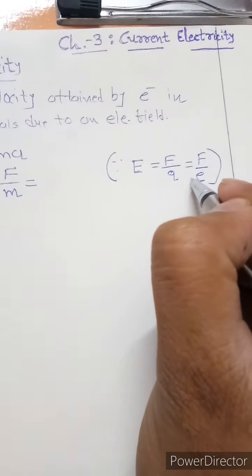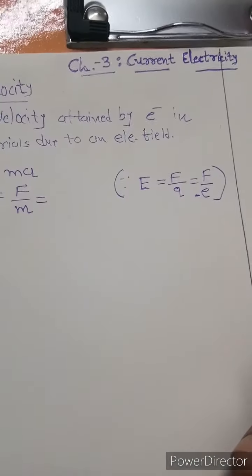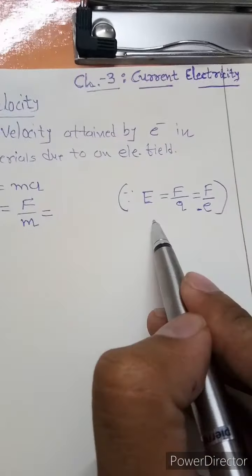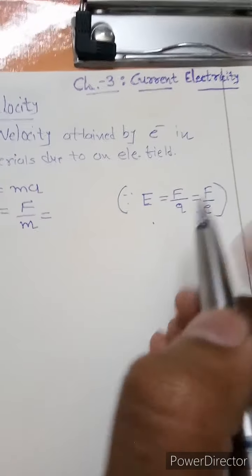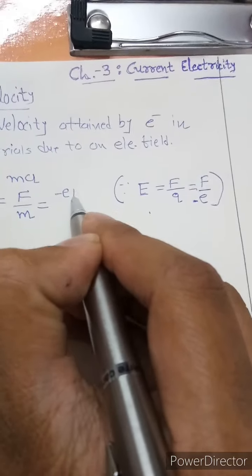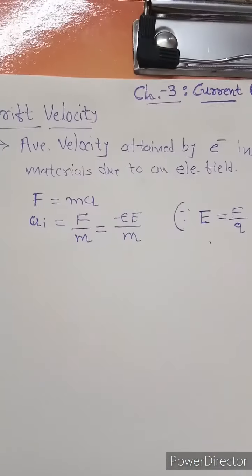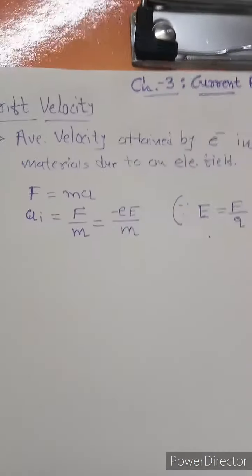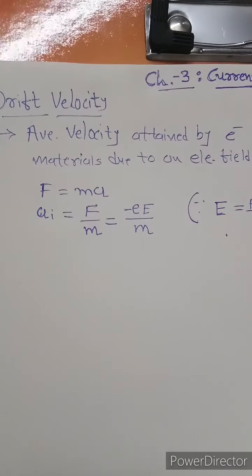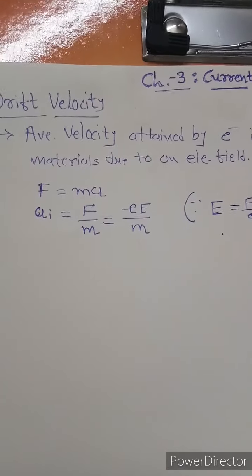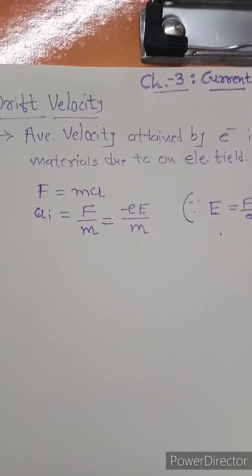Here electron sign is negative, so from this formula you will find a is equal to minus eE upon m. It is a formula of acceleration of the one collision.